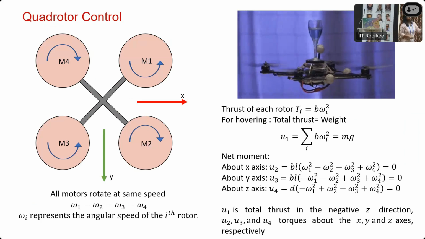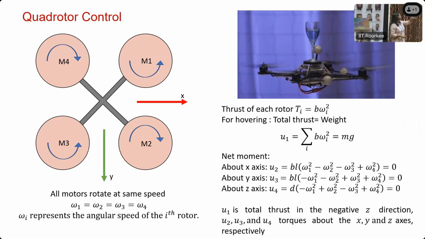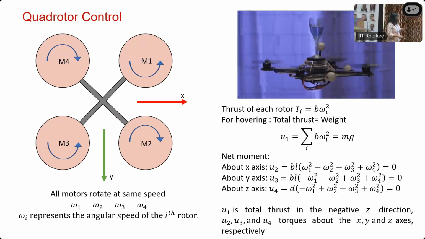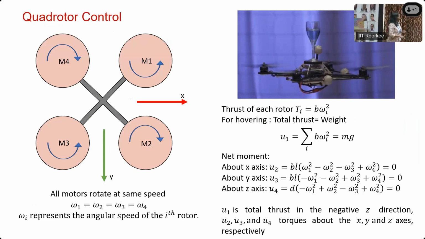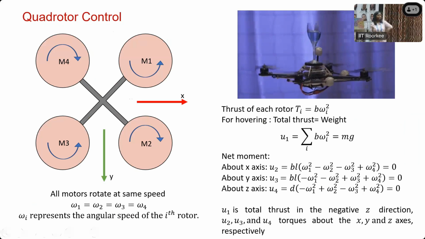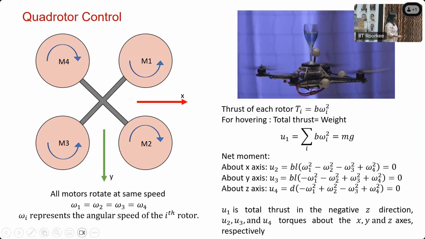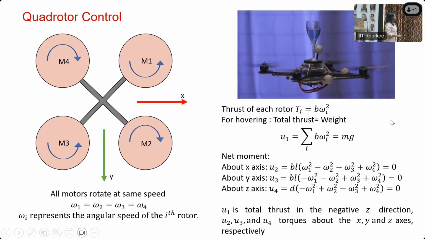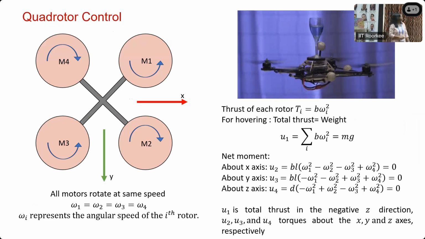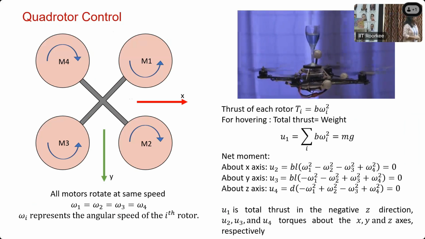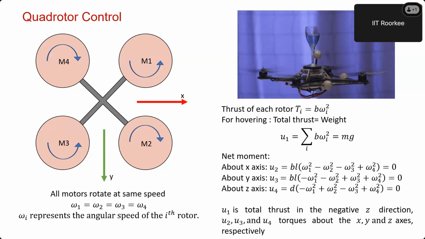When a quad rotor has to move from ground to a height, for hovering, the total thrust in the negative z direction should be equal to the weight of the quad rotor. From there you get the relationship U1 equals mg, and the thrust of each rotor is represented by Ti equals d omega squared, where omega is the angular speed of each rotor.